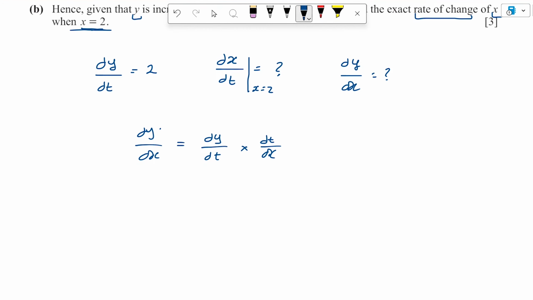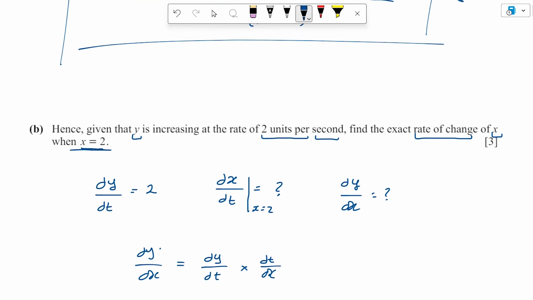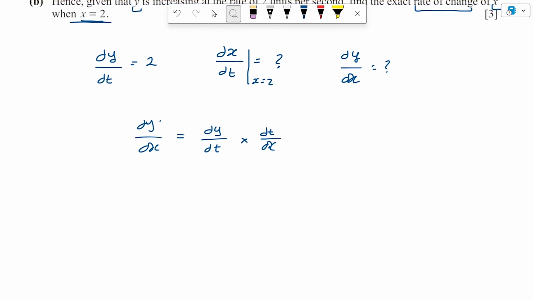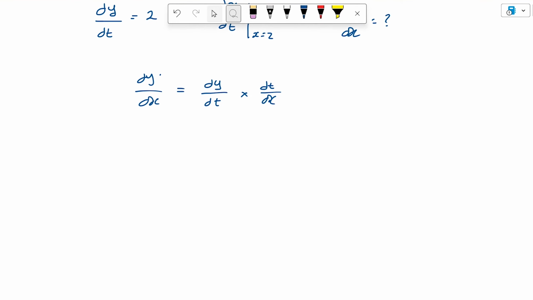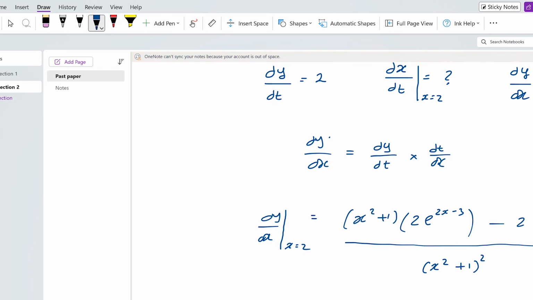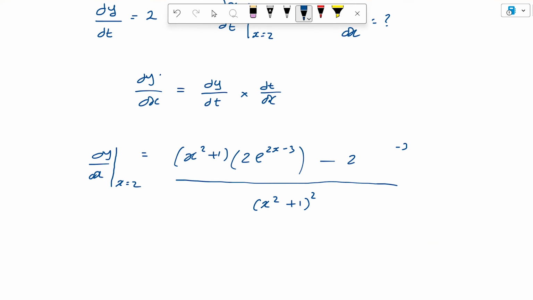So let's just copy paste the equation that we got. Let's calculate the gradient when x is equal to 2. I just want to check if this is recording. Yes, it is. Good.